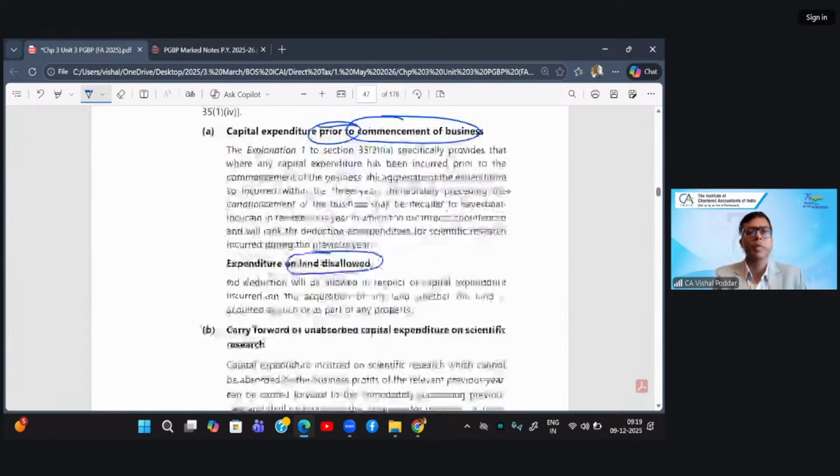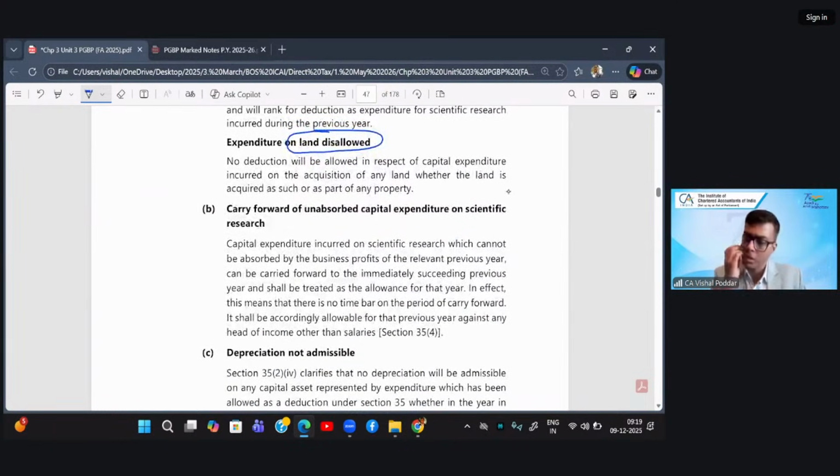So where expenditure on scientific research was incurred even before commencement of your business, it will be allowed subject to conditions. Now, since you are claiming full capital expenses deduction, again, you cannot claim deduction under depreciation. So it is logical: either you claim the entire cost of that asset as deduction or you claim depreciation. Here, since we are allowing the whole cost, depreciation cannot be allowed.